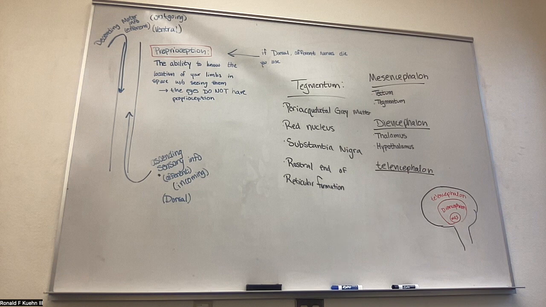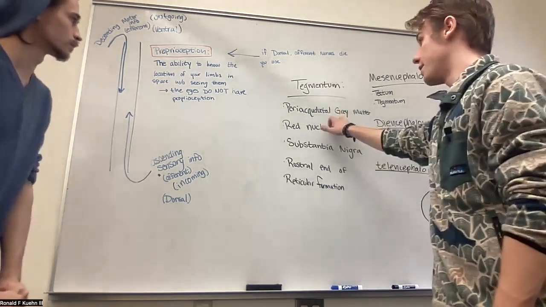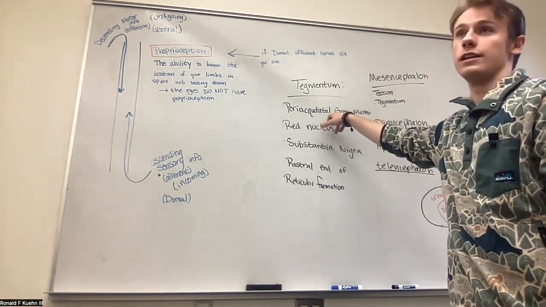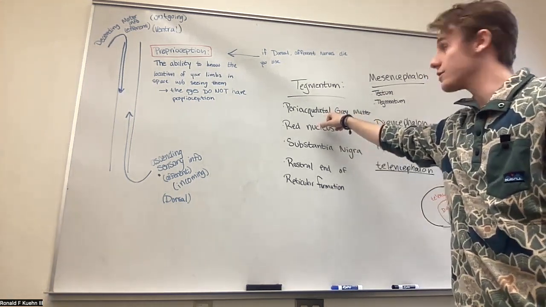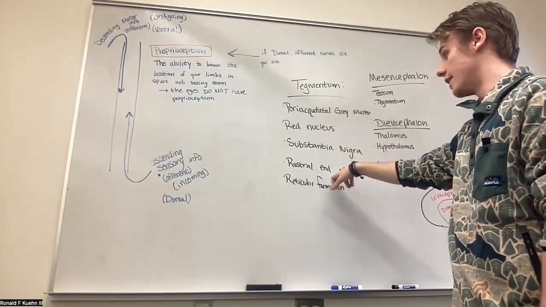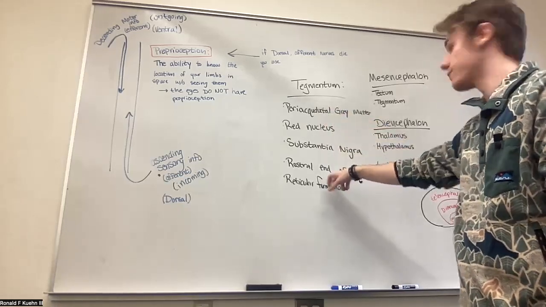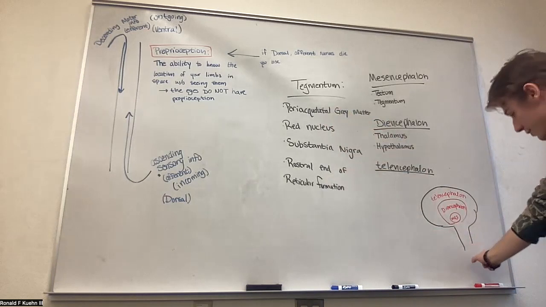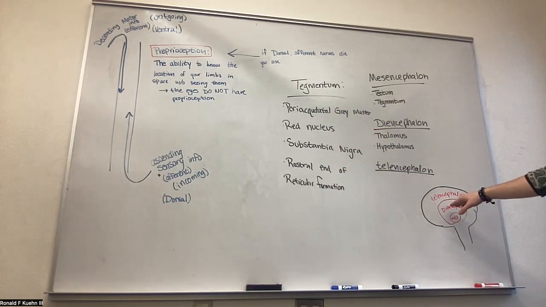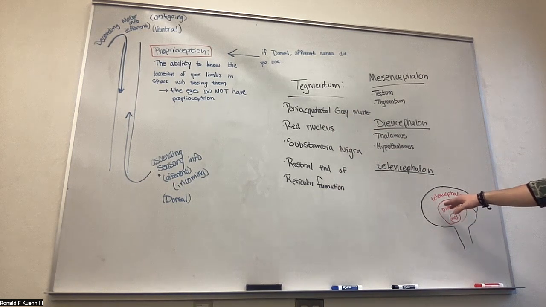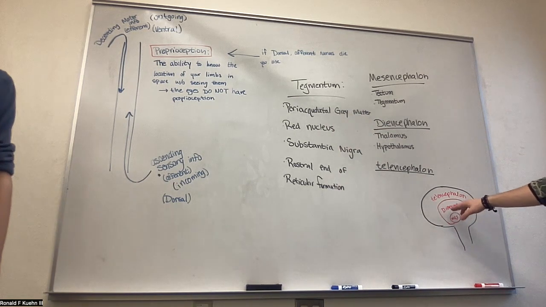You probably understand the other two a little more. The periaqueductal gray matter is involved in transmitting pain sensation into consciousness. And then the rostral end of your reticular formation is also part of it. The reticular formation is a long beam that goes from your brainstem all the way up into your mesencephalon and ends right at the thalamus and the diencephalon.